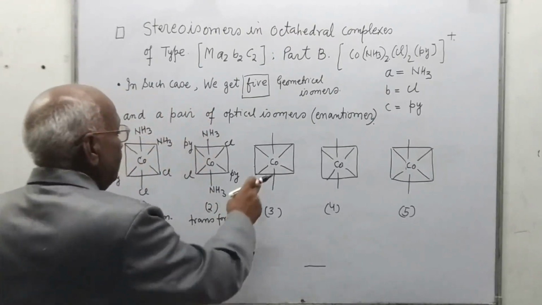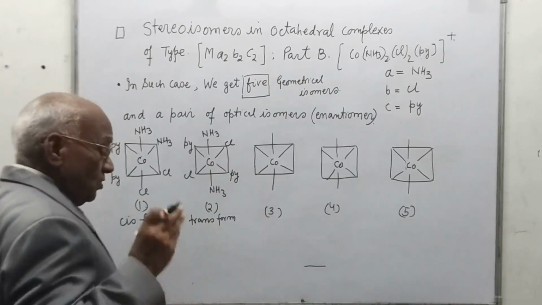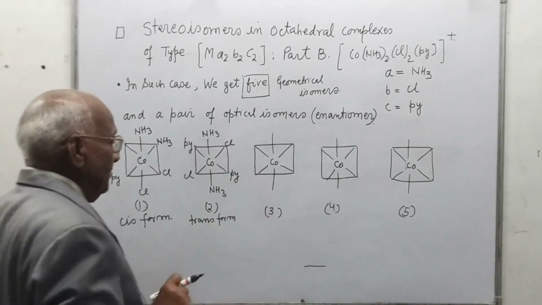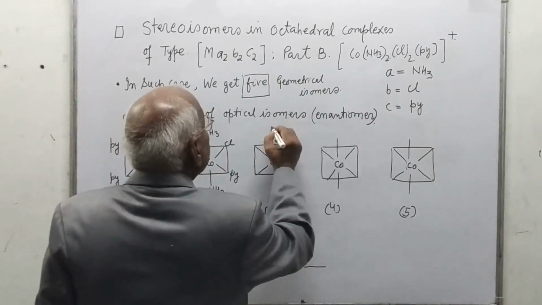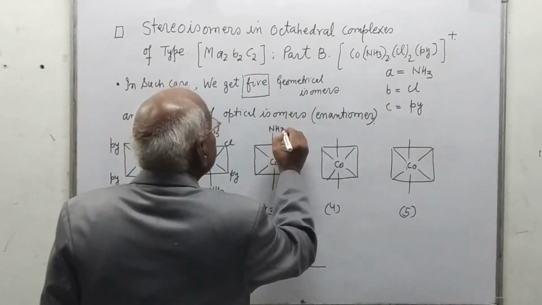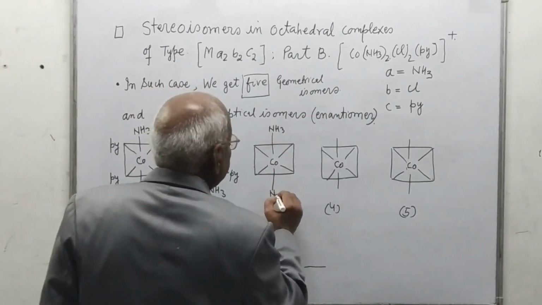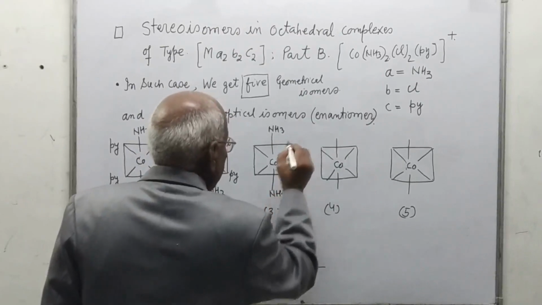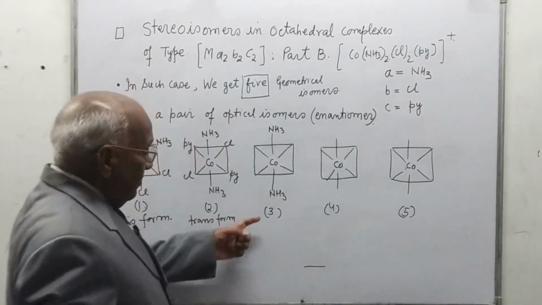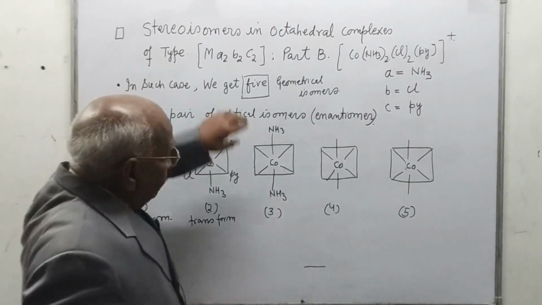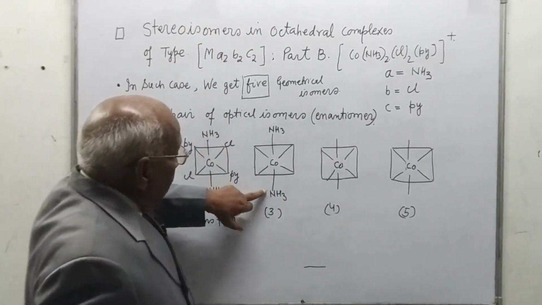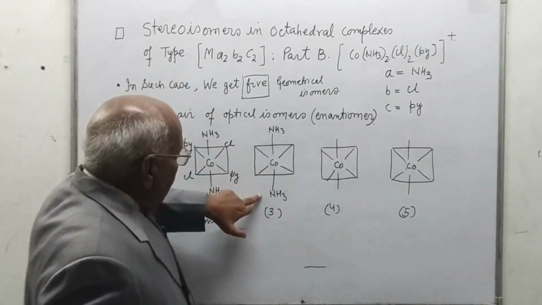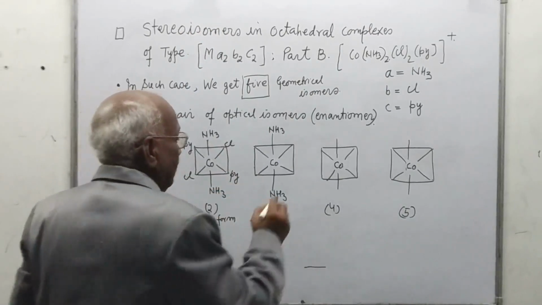Now see in this case what happens. Put two identical ligands at the trans position and the rest at the cis position. So in the third form I have taken ammonia at the trans position and the rest of the ligands at the cis position.